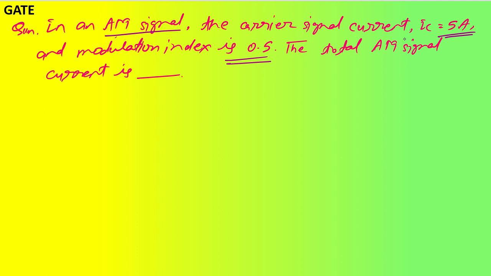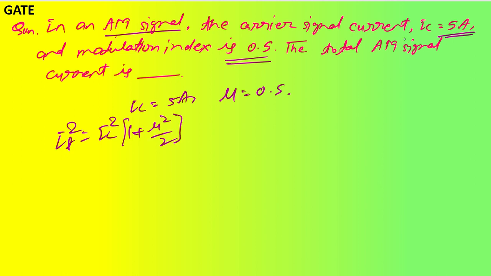You already know that IC is 5 ampere and mu is 0.5, and the relation was IT square equals IC square into 1 plus mu square by 2. Okay, so with this you can very easily find out the total AM signal current.